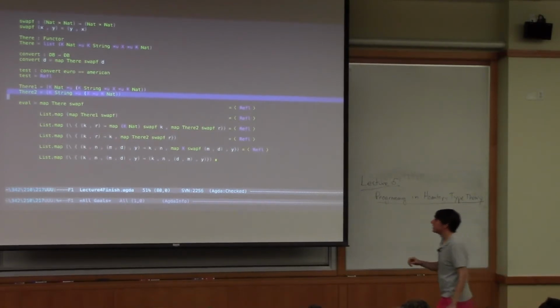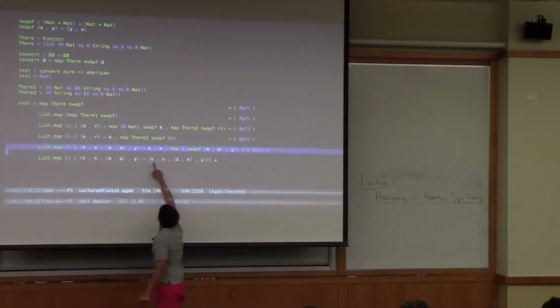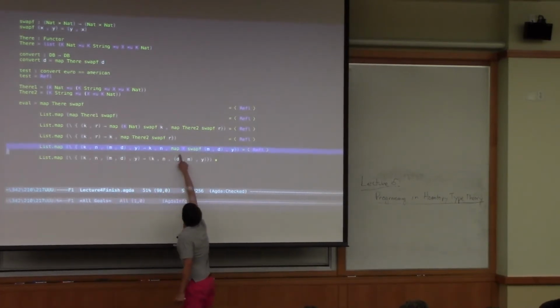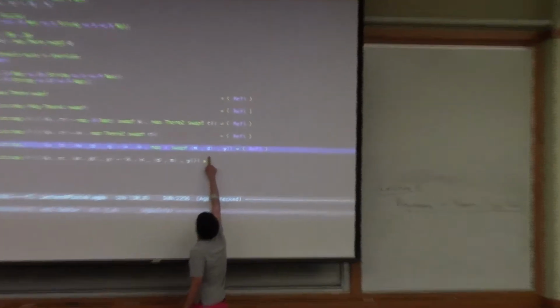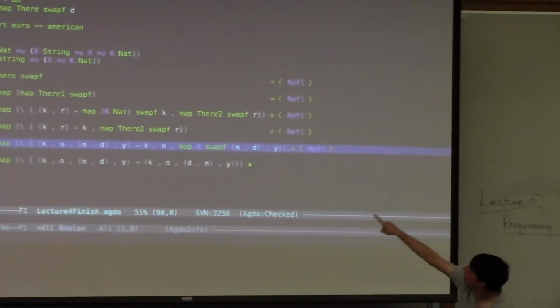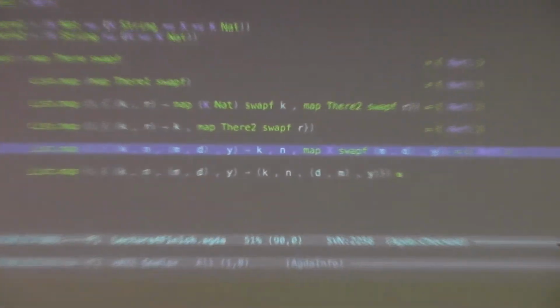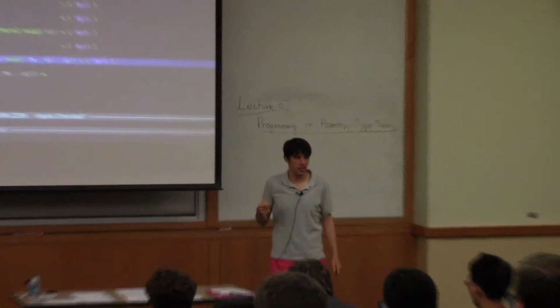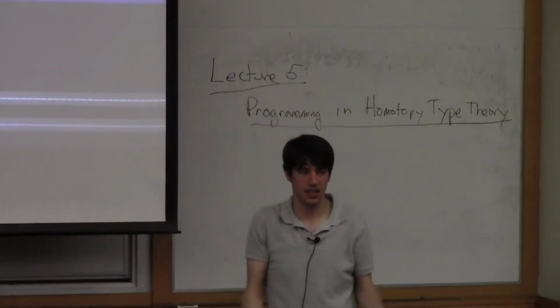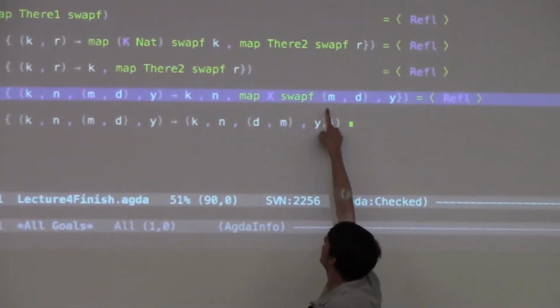So where we get is that if you give me kn month, day, year, then I'll give you back kn map x swap f month, day, year. And that's just applying those steps again. So if you understood how to get from the second line to the third line and the third line to the fourth line, this is just applying those steps again a couple of times. For products, push in. For constants, cancel. Okay? So now what we've got is map at x of swap f on month day.